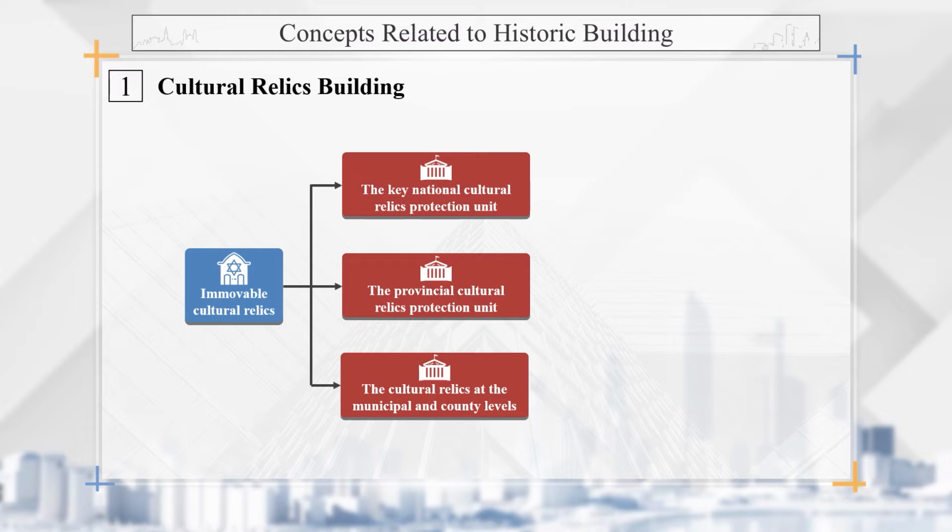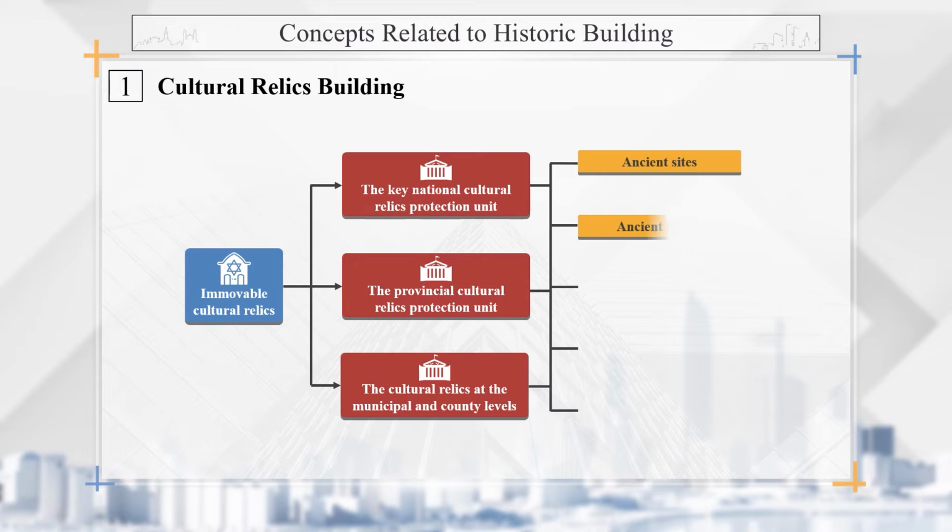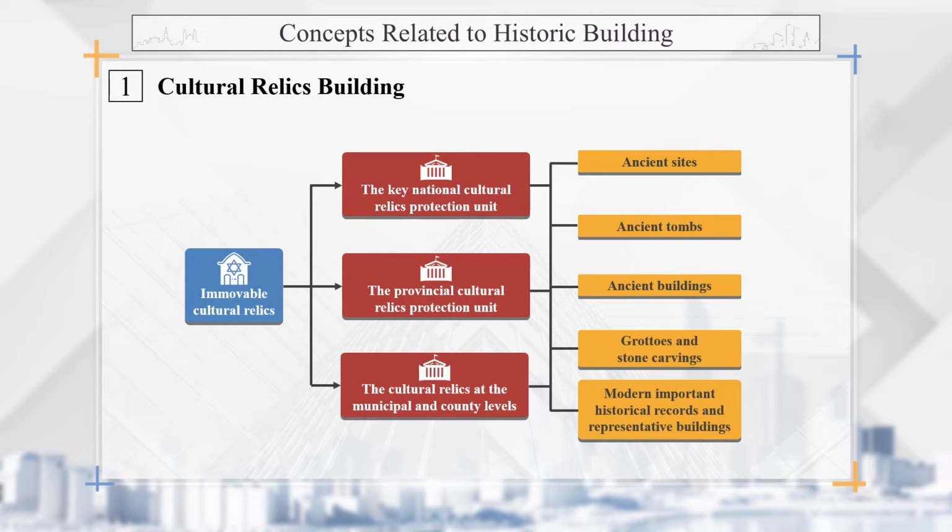Based on construction types, these cultural relics protection units mainly include ancient sites, ancient tombs, ancient buildings, grottos and stone carvings, modern important historical sites, and representative buildings. In this lecture, we focus on three concepts: ancient site, ancient building, and important modern historical site and representative building.